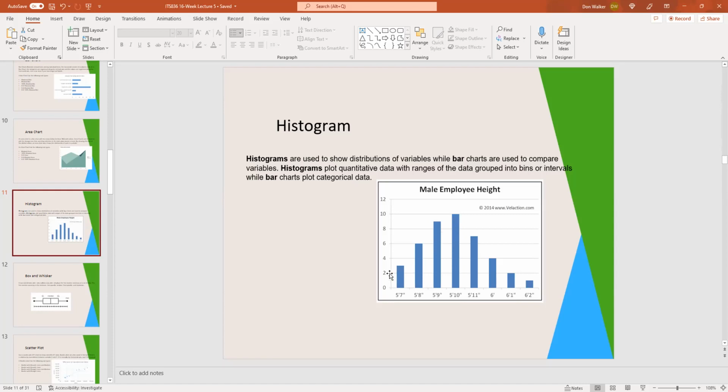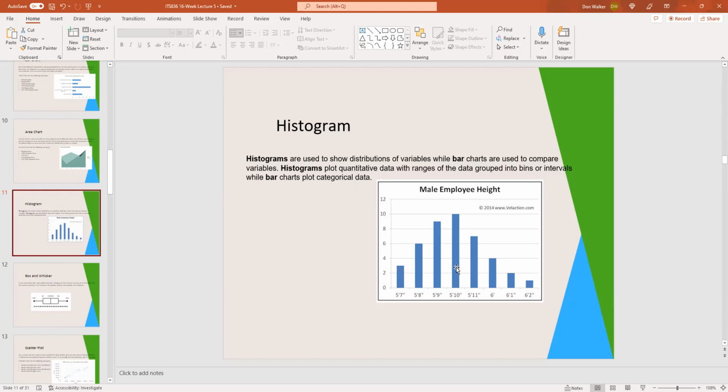So that's a pretty fair example. And you can modify the size of the bins. These are to the nearest inch. Maybe we took measurements to the 1/8 of an inch, but this histogram bins them all to the nearest inch.